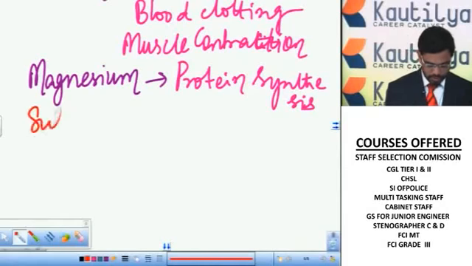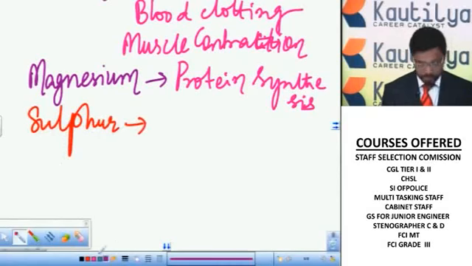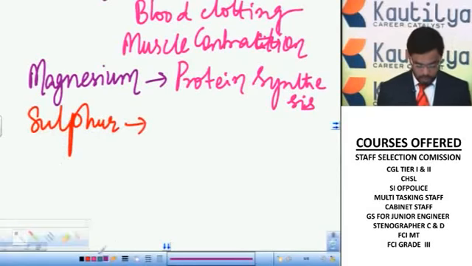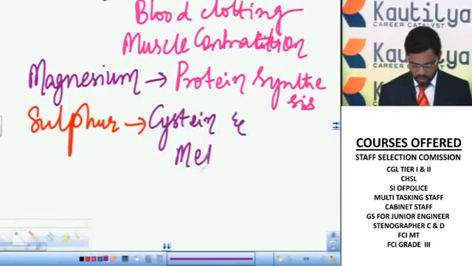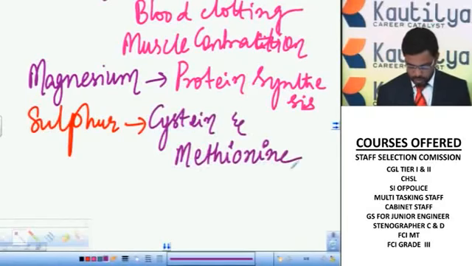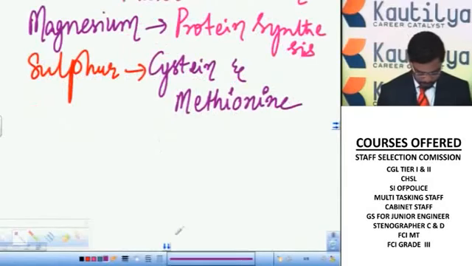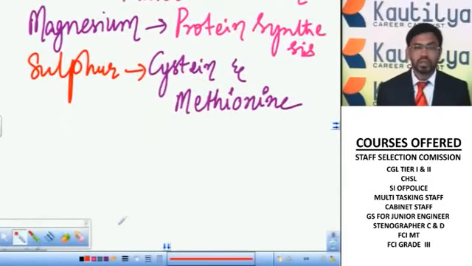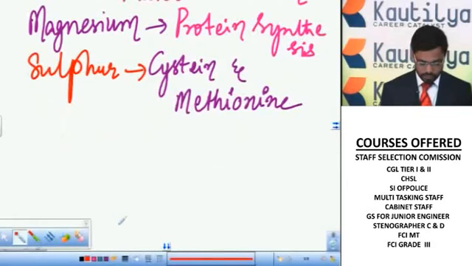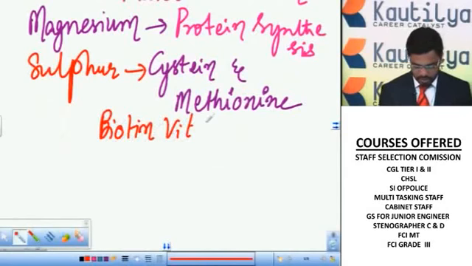Next, sulfur. It is a component of cysteine and methionine amino acids. It is also component of biotin vitamin, that is vitamin B7.